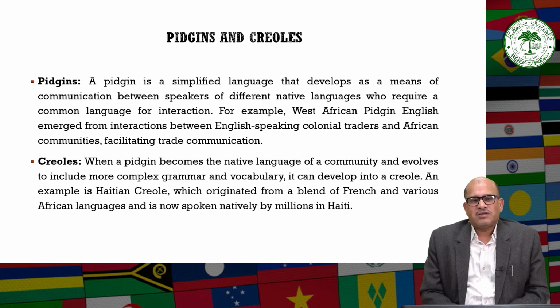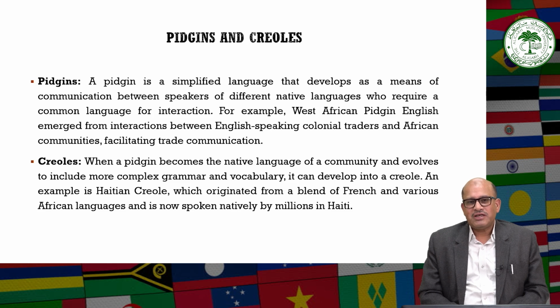Talking about pidgins, which are part of the sociolinguistic study of migration, a pidgin is a simplified language that develops as a means of communication between speakers of different native languages who require a common language for interaction, often in a trade or work context.